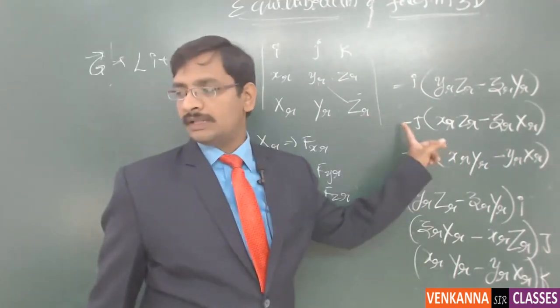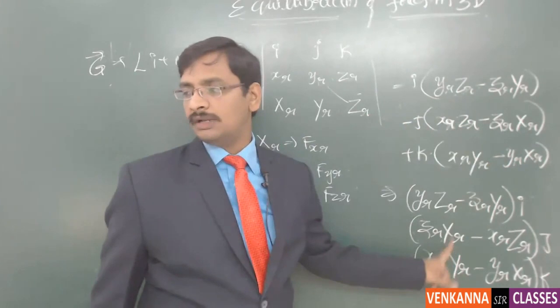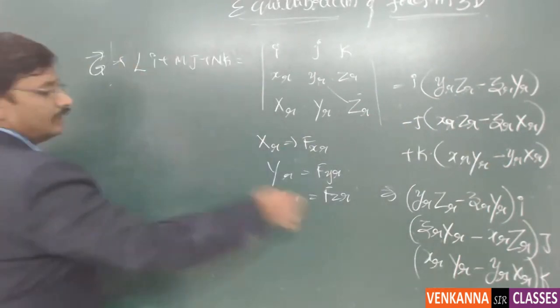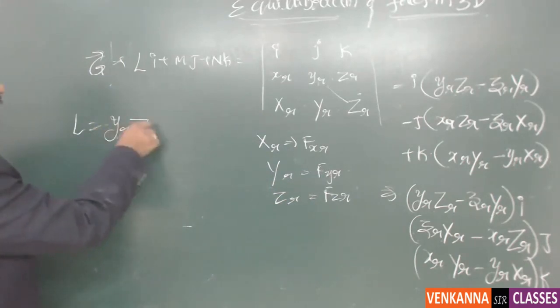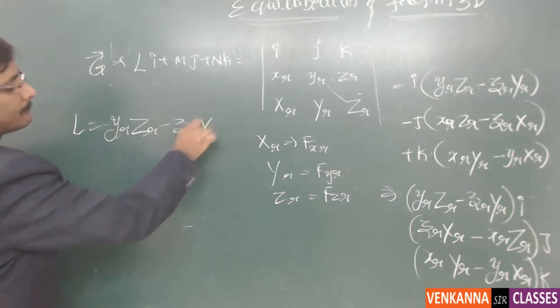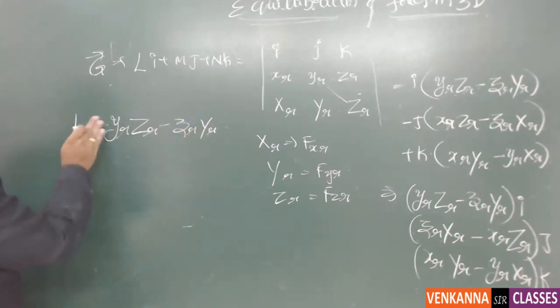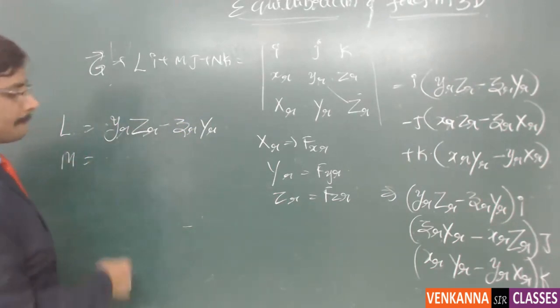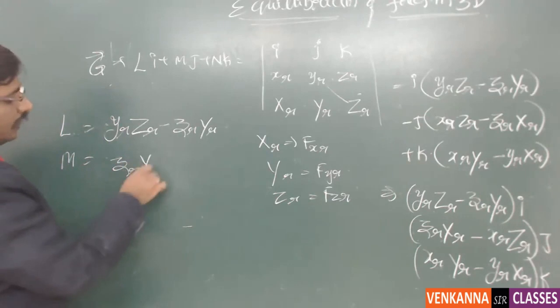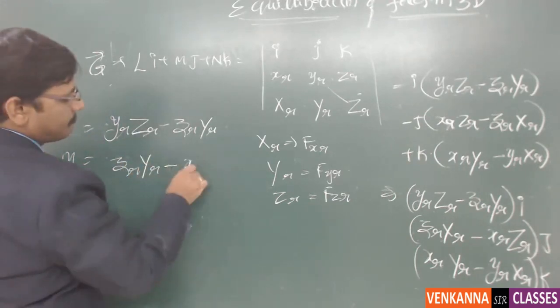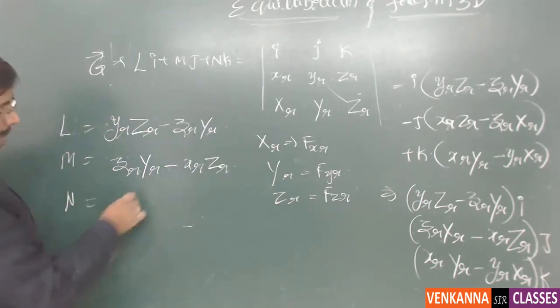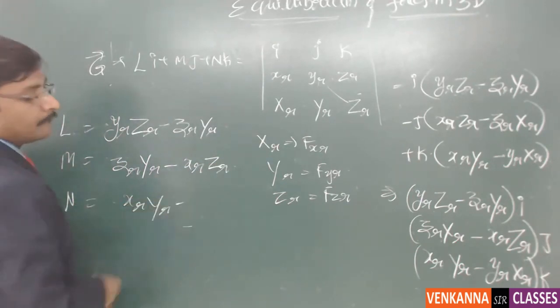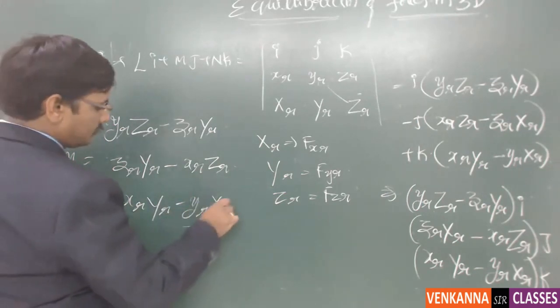Here I have taken the minus sign inside. Now here L is equivalent to YR into ZR minus ZR into YR, and M is equal to ZR into XR minus XR into ZR, and N is equal to XR into YR minus YR into XR.